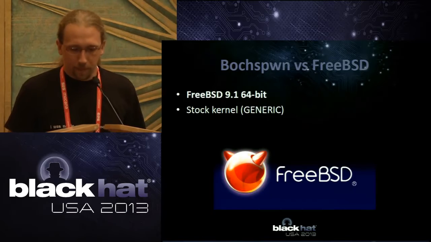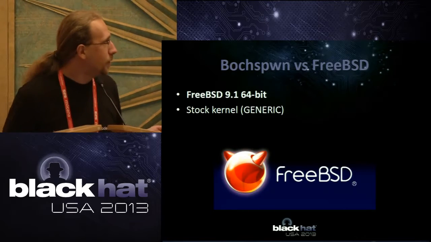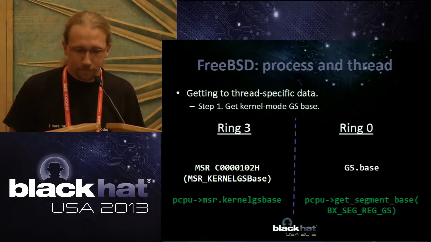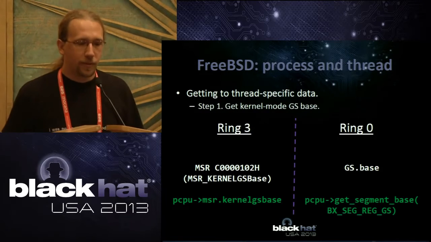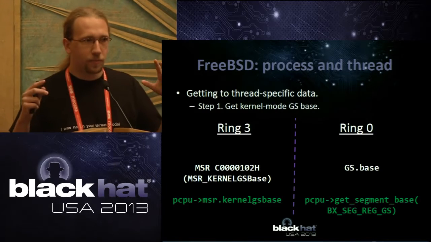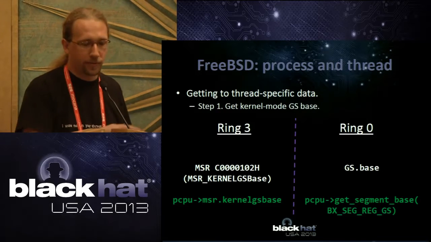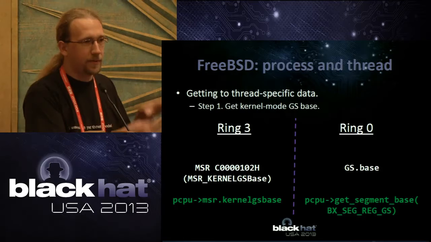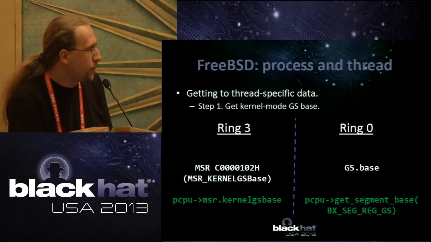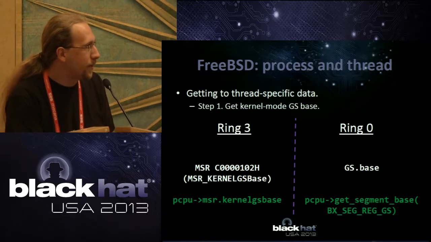So, FreeBSD. We used 9.1, 64-bit generic kernel. Again, when you instrument, you have exactly the same thing. You need to handle both getting the information about threads and whether the event is from user mode or kernel mode. We use the gs.base in this case for getting the thread information.